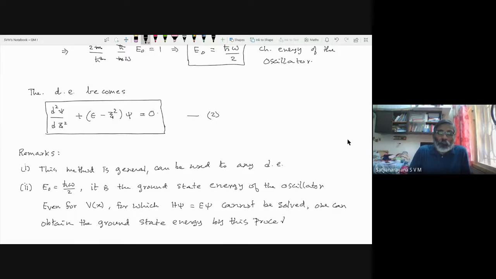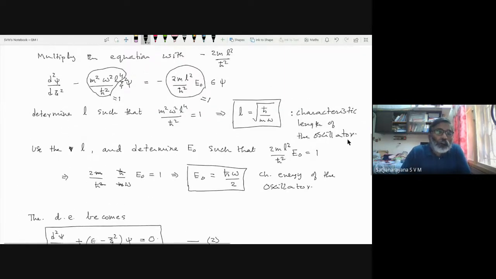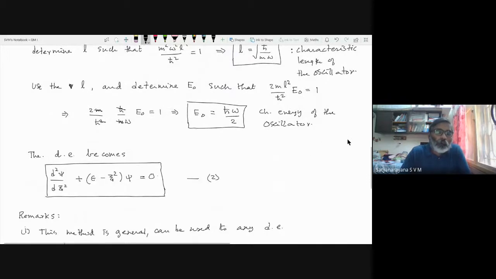The characteristic energy is always the ground state energy, and hence you can determine the ground state energy even though you are not able to solve H psi is equal to E psi and get all the energy values. At least one can attempt to get a ground state energy by this procedure. So this procedure is somewhat more general than whatever we are doing here. I wanted to make these remarks so that you can use it in other problems also.